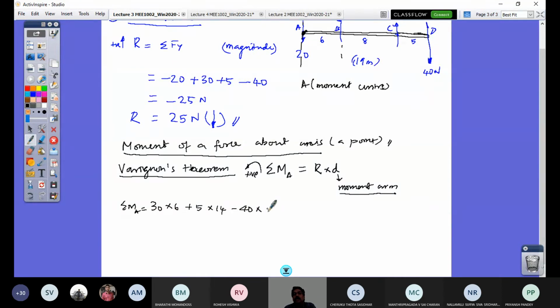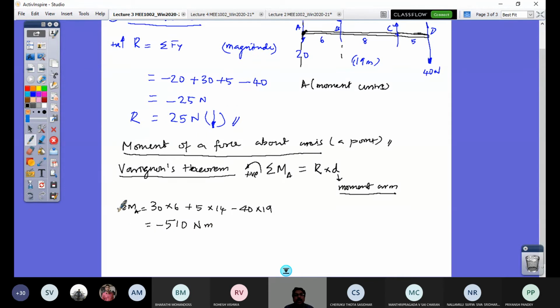So 40 times the distance of 19 meters. Calculating this, it is 30 into 6 plus 5 into 14 minus 40 into 19, which comes out to be minus 510 Newton meter.